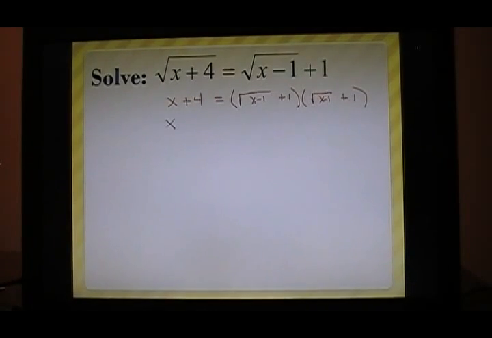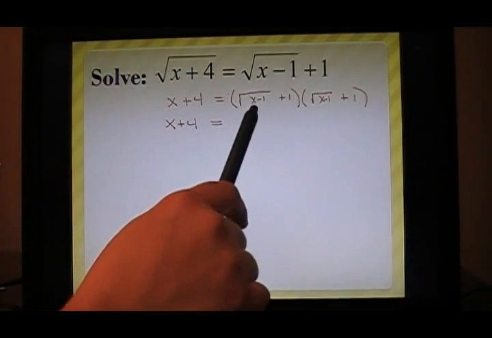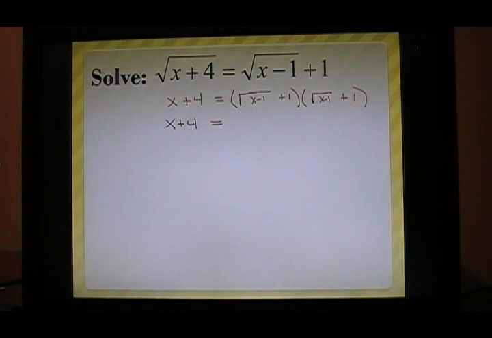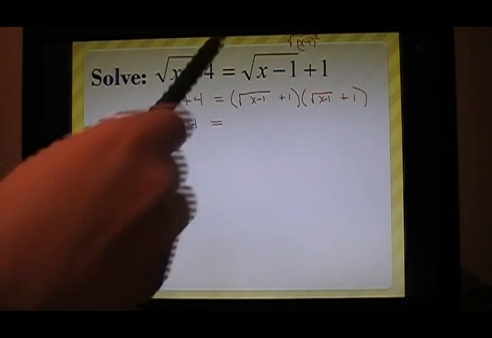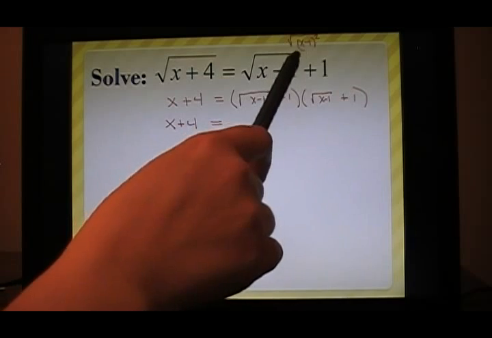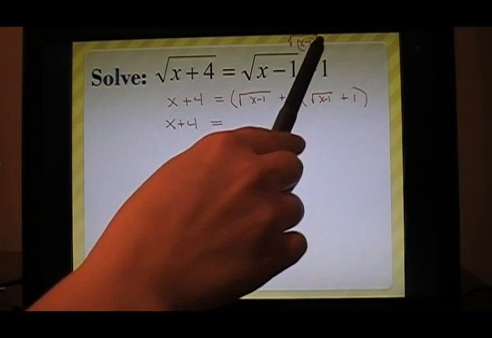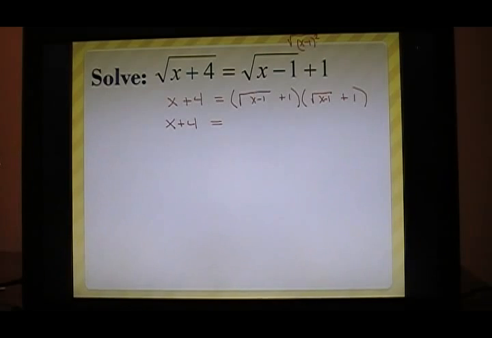So we have x plus 4 equals, so if I multiply the square root of x minus 1 by the square root of x minus 1, I'm getting the square root of x minus 1 squared, right? And so we should see that what I multiply twice to get x minus 1 squared is x minus 1.